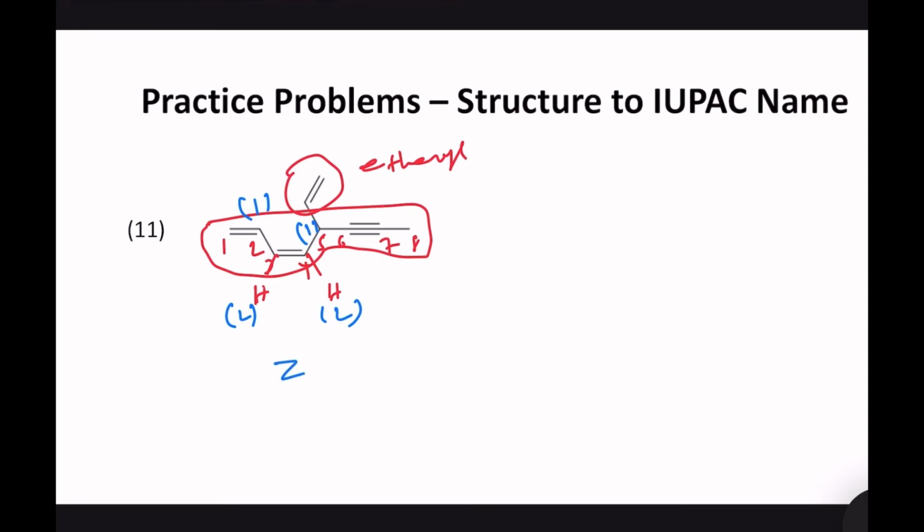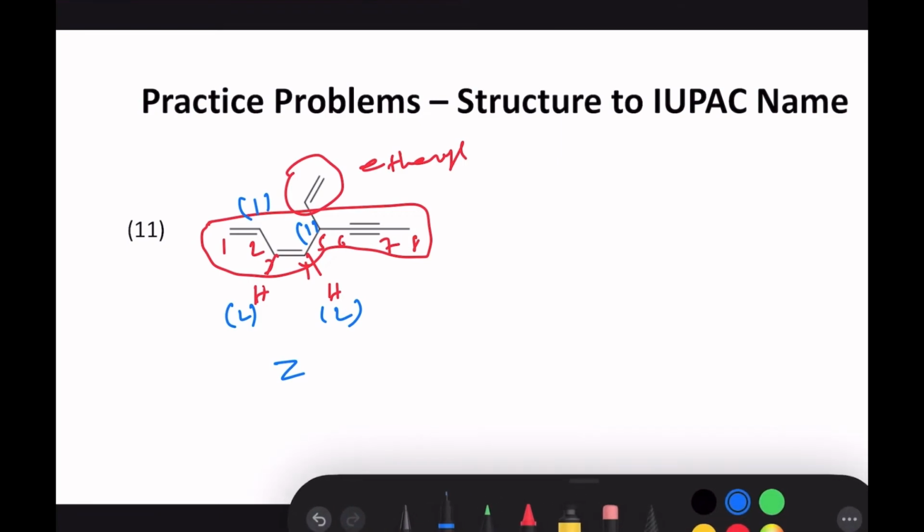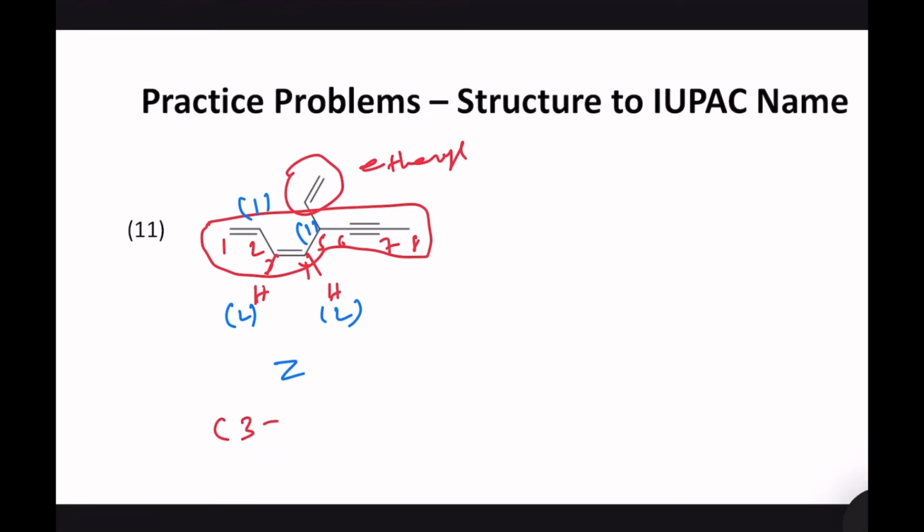So, at position 3, it is Z, that we need to mention first in parenthesis, and therefore, the correct IUPAC name for this molecule is 3Z, and then 5-ethynyl, and then 1,3-diene, drop the additional e, because what comes next is ine, and then 6-yne.